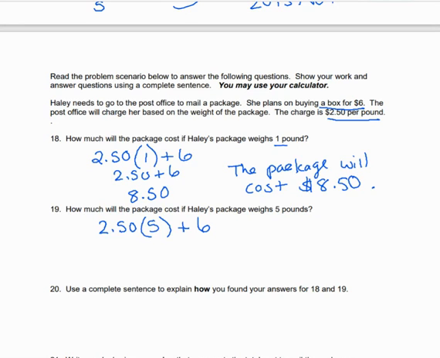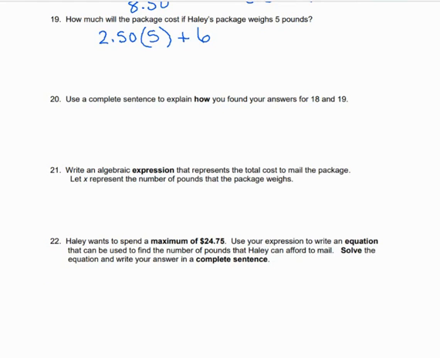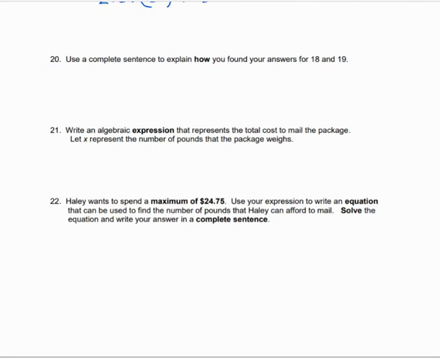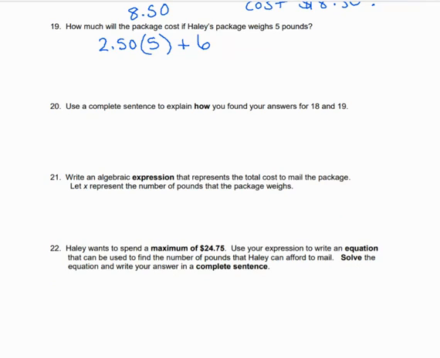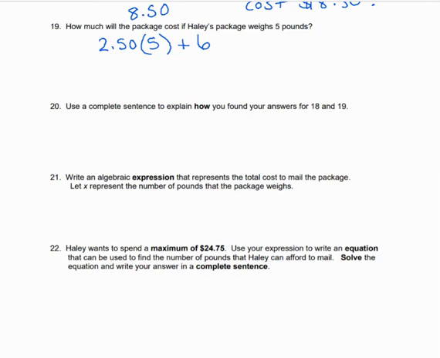Okay? Continue with that. I'm going to have you guys practice expression writing, and then solving an equation for 22. Okay? So we have 2 more minutes. You keep working, of course. When you guys come back from lunch, we're going to finish this packet, and then I'm going to put up the answers so we can check to see how you did.